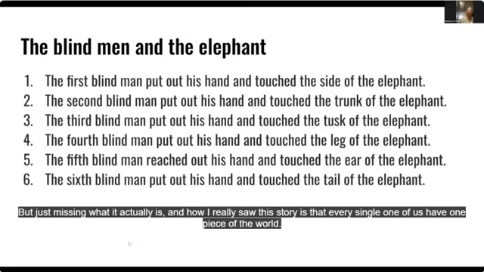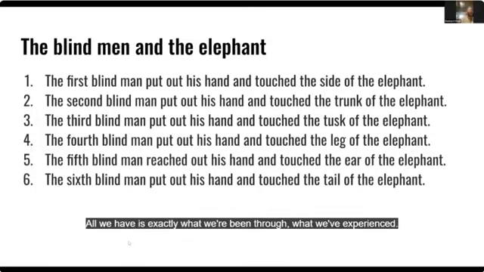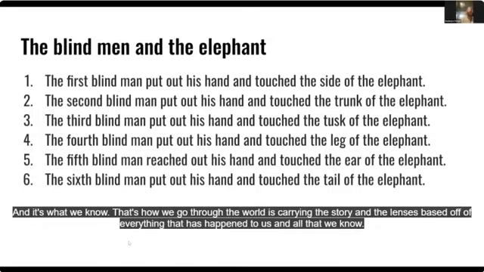what it actually is. And how I really saw this story is that every single one of us has one piece of the world. All we have is exactly what we've been through, what we've experienced, and it's what we know.